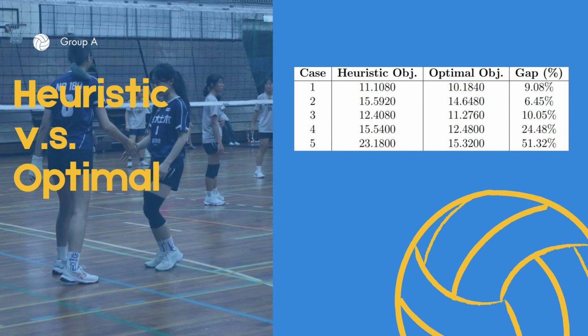In cases 1 through 3, the gap was under 10%, which is great. In the harder cases 4 and 5, the gap was higher, around 24 and 51%, but the schedules were still feasible and completed on time. This shows that our heuristic is both effective and robust, especially when things get tricky.